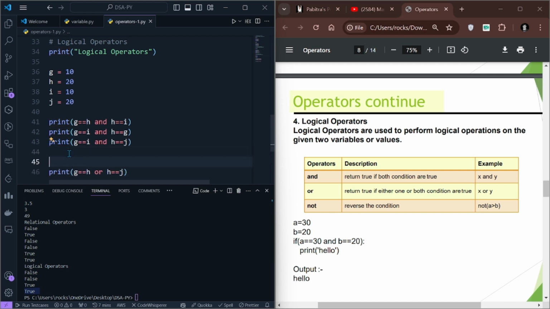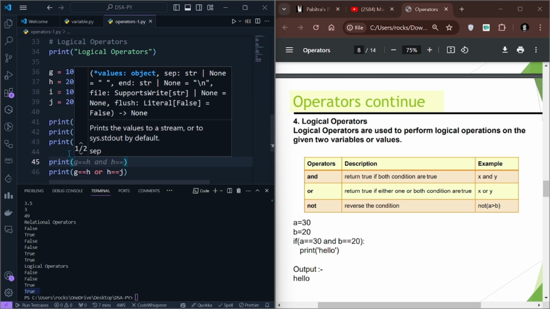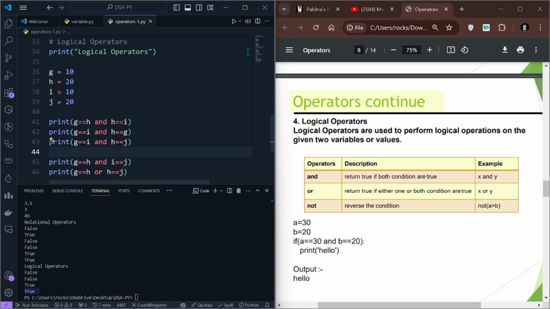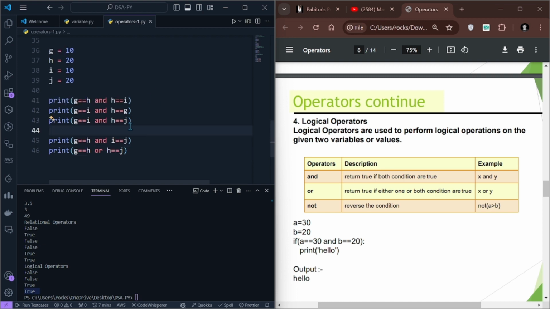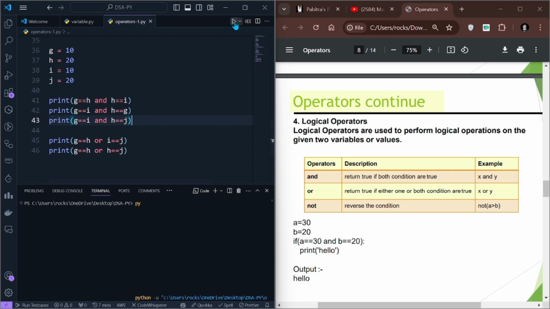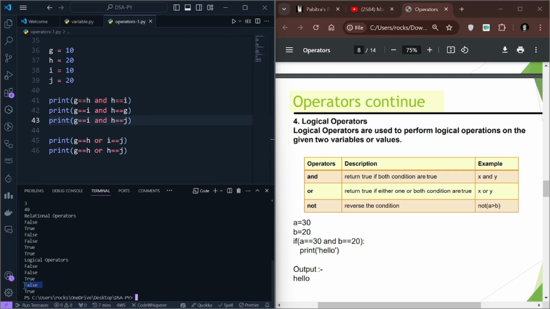But before that I want to print another false statement, which will be G is equal to H or I is equal to J. You can guess that 10 is not equal to 20 and I and J are not equal, so at that time both the operands are false. That means it should return false, and here we are getting false, as I told you.